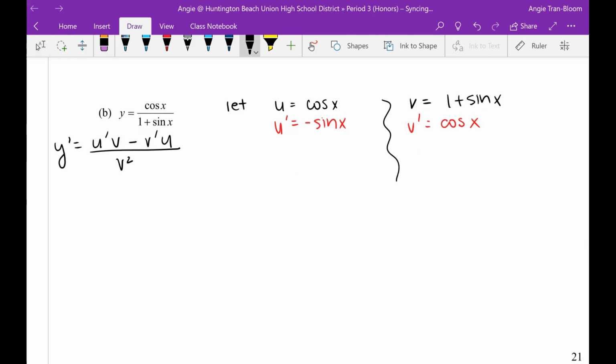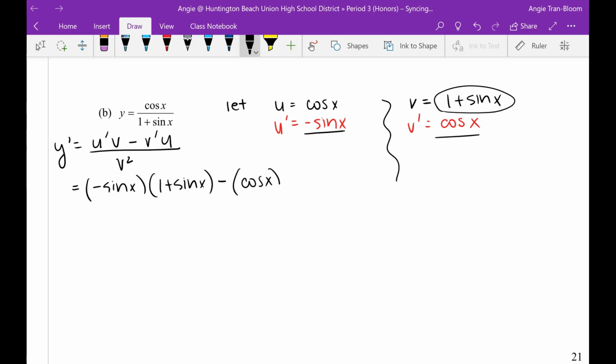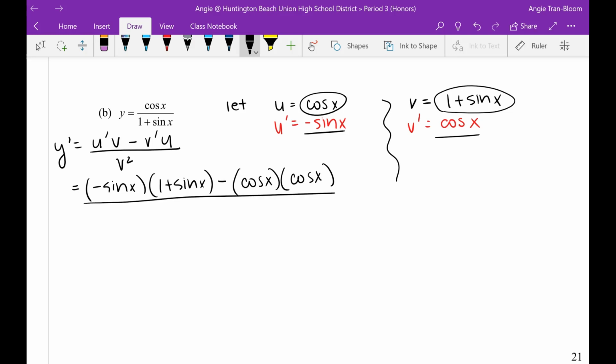So from here, I will now find u prime, which is negative sine of x, times normal v, which is 1 plus sine of x, minus v prime, which is cosine of x, times normal u, which is cosine of x again, all over v squared, which is 1 plus sine of x, squared.